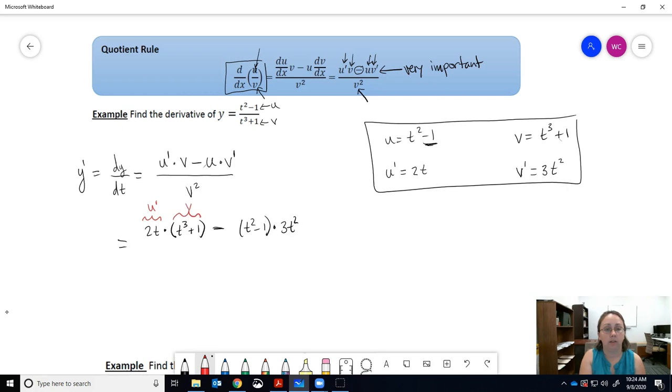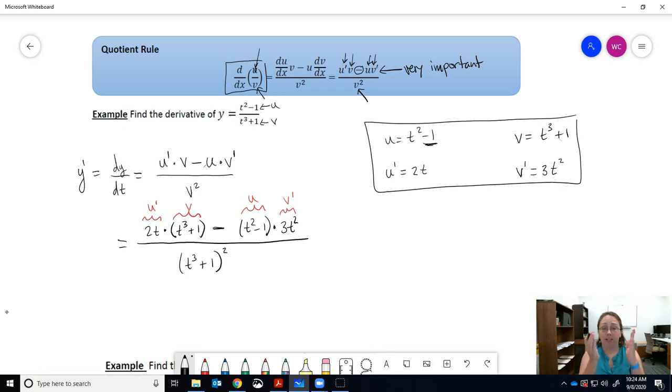Here's our v. We have our u, and then our v prime. Notice they're all different because they're all supposed to be different. So we're good to go up there, and then divide that by the original, the v squared. So v was t cubed plus 1. Put it in parentheses because you have to square the whole thing.